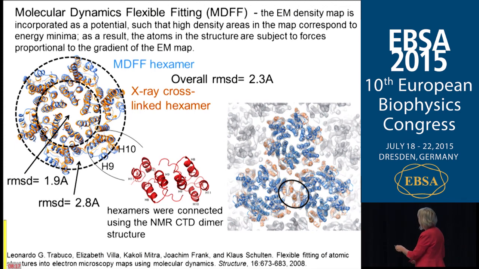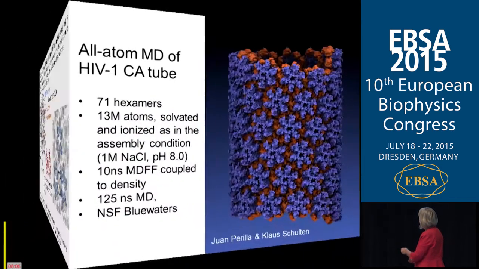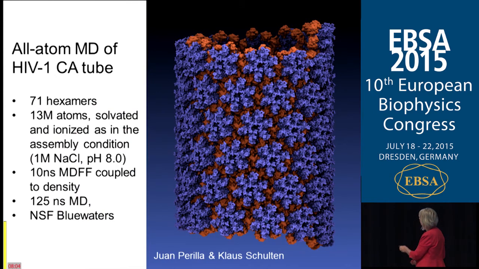So we started out with a structure here in the middle, connected them with CTD dimers that came from the NMR, and then had a tube as shown here, made out of 71 hexamers, 13 million atoms, under conditions as they were assembled in the test tube, which means 1 molar sodium chloride, pH 8, 10 nanoseconds of the flexible fitting, and then 125 nanoseconds of MD afterwards.